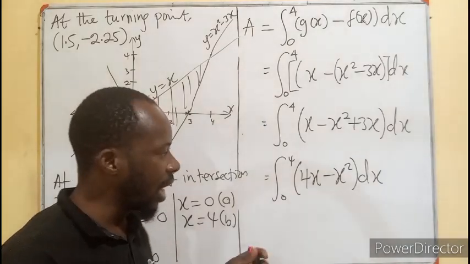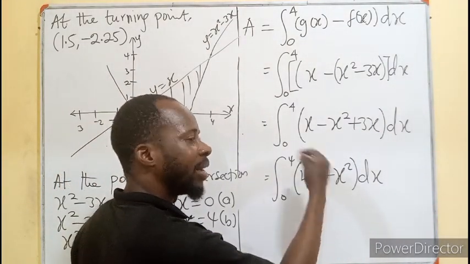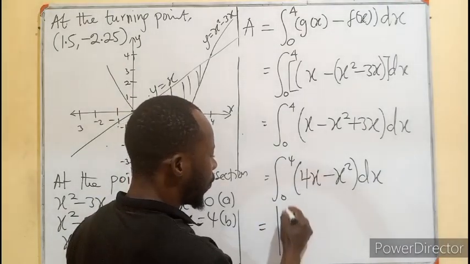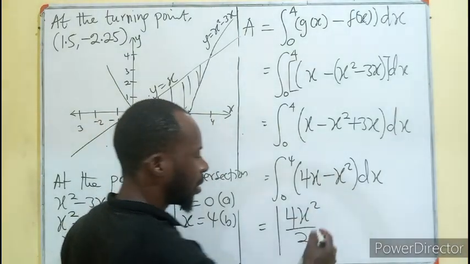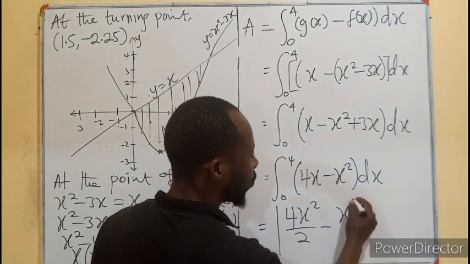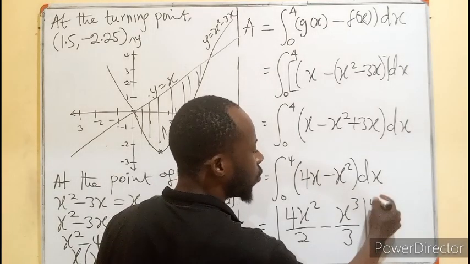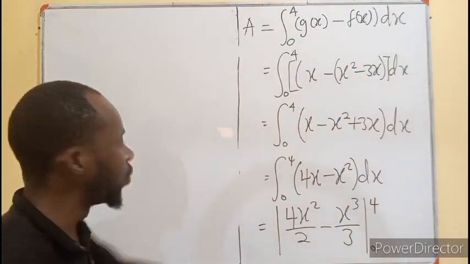dx. So now we can perform our integration. We increase the power, divide by the power. So the integration is going to be 4x squared divided by 2, this power, minus x to the power 3 divided by 3, the power, spanning from 0 to 4. So right here, we do substitution.